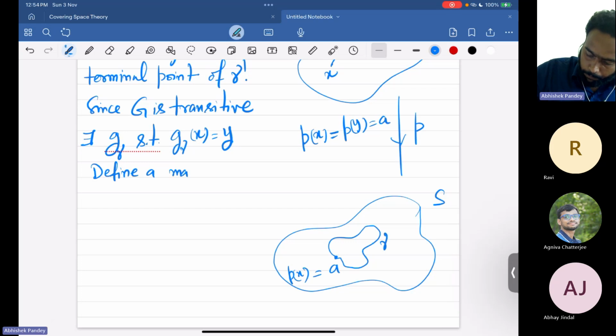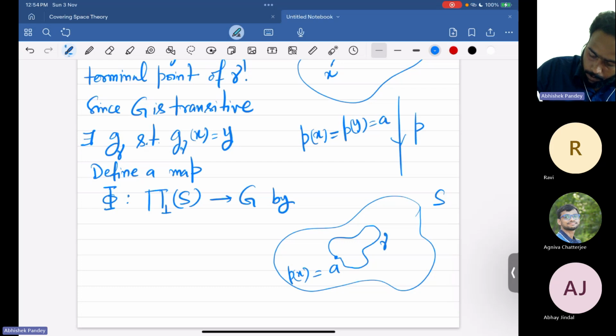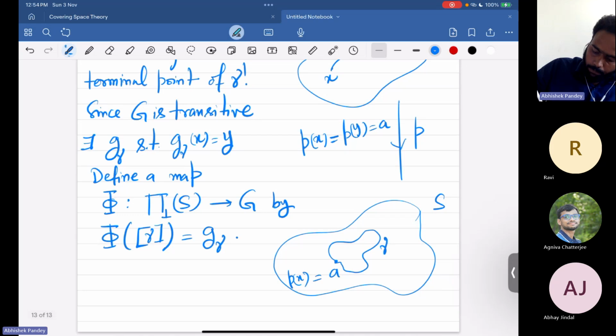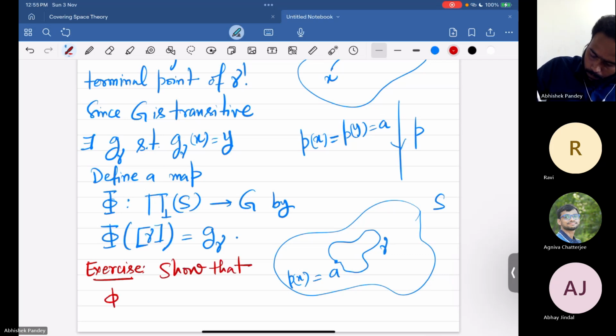Define a map from the fundamental group of S to G by phi of gamma equal to g gamma. So basically, this will be our desired map, an isomorphism.